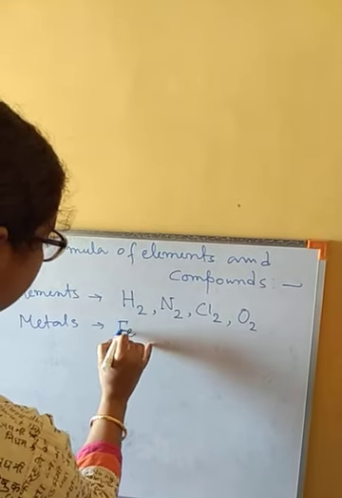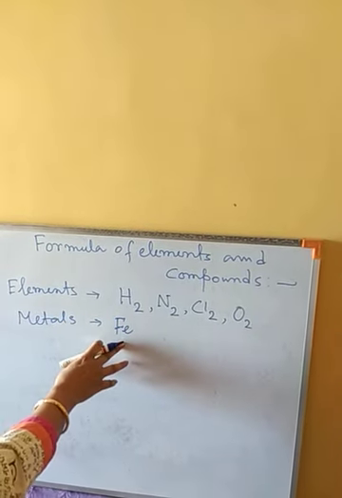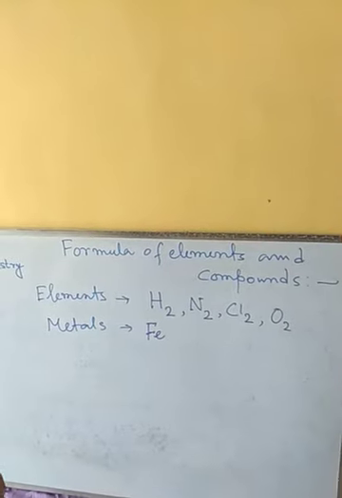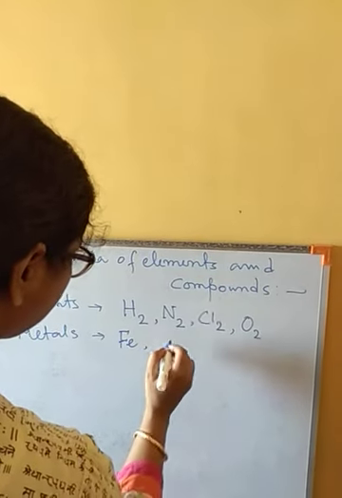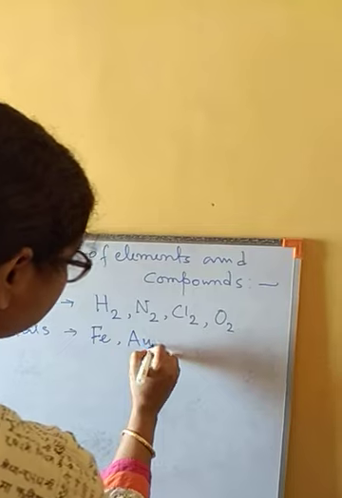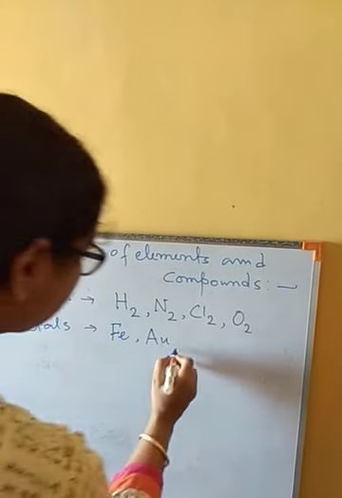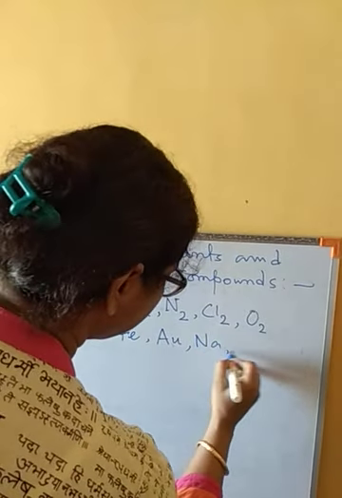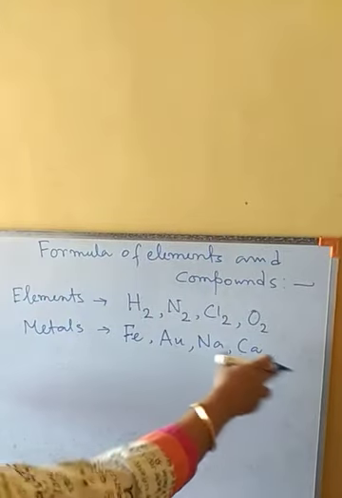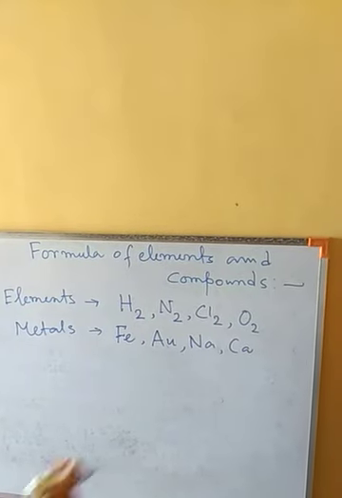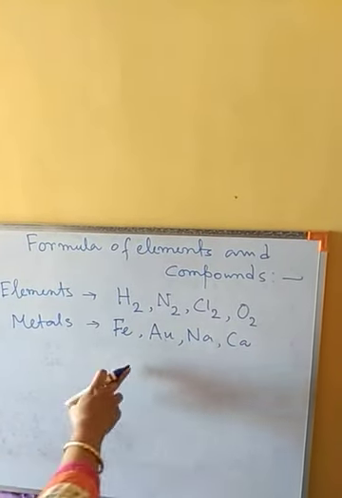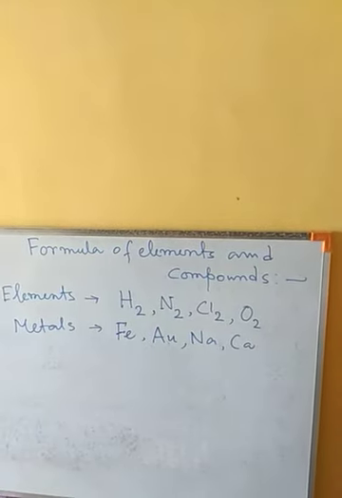This is the representation for their molecule as well as for their atoms. Fe; Au, this is for gold, Aurum; sodium Na, calcium Ca. All the metals, as these are monoatomic, we are going to represent in this manner. Only the symbol we are going to write.